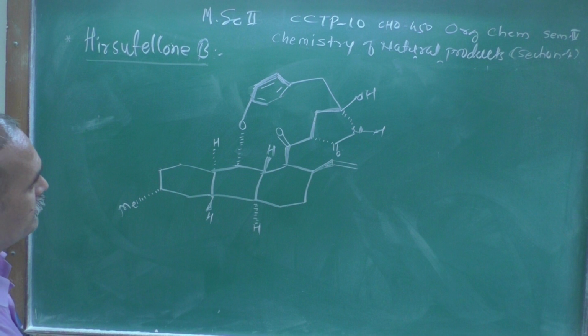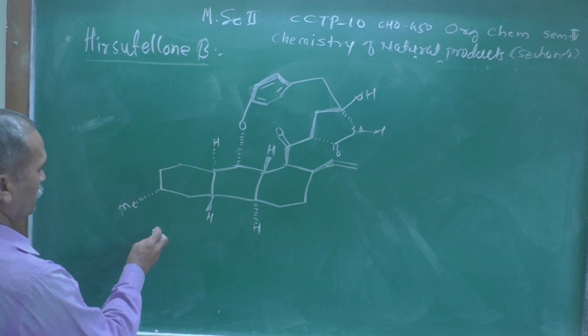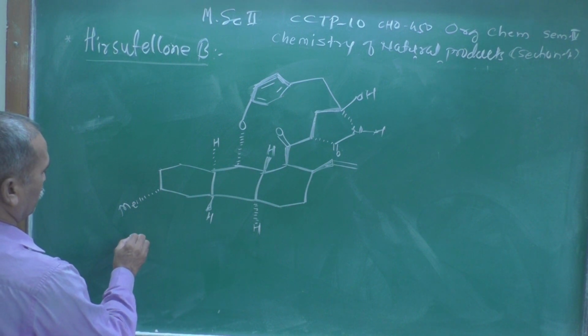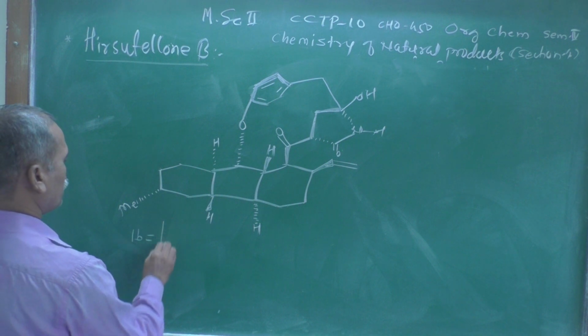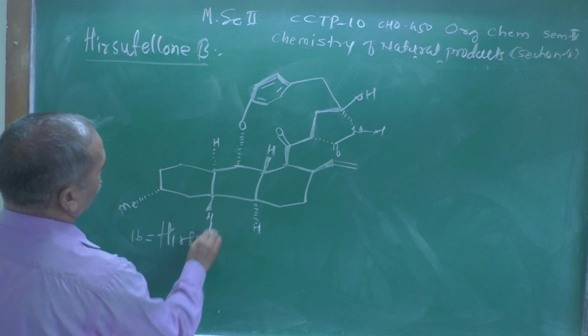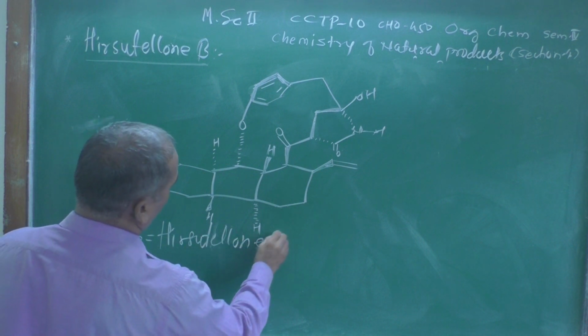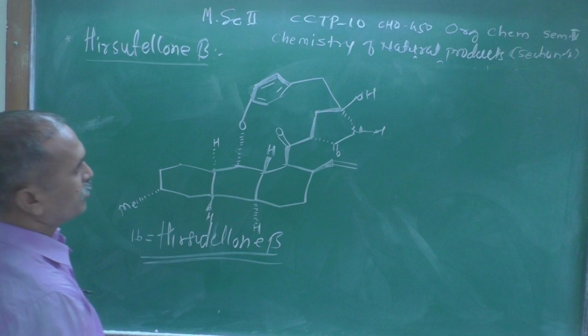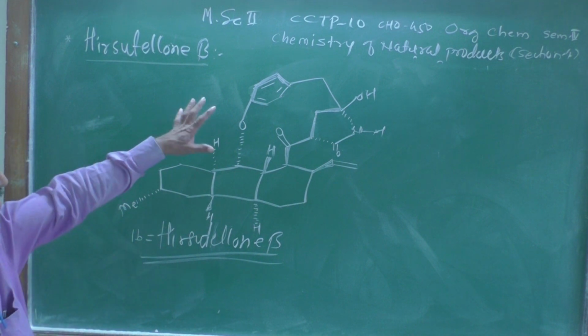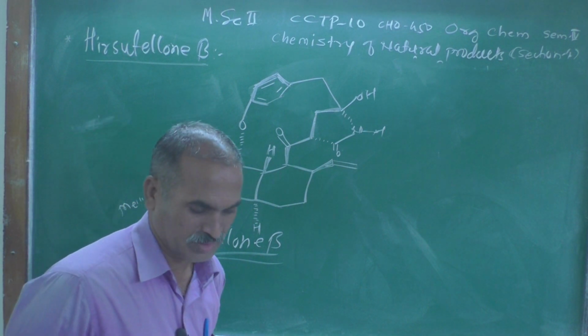This structure is known as 1B, or hirsutolone B.